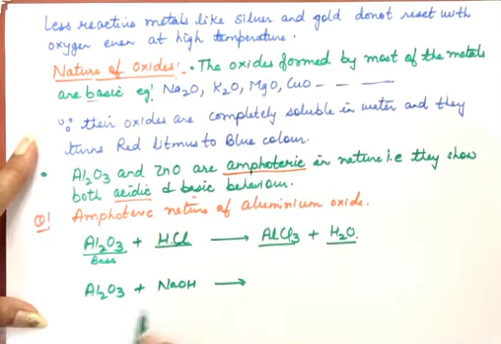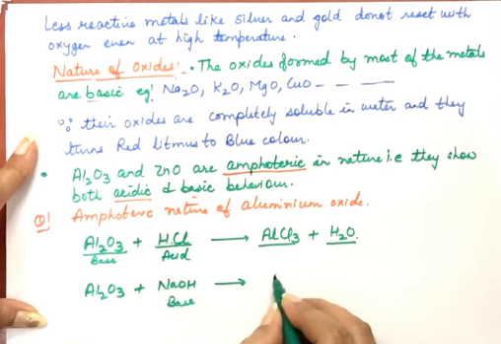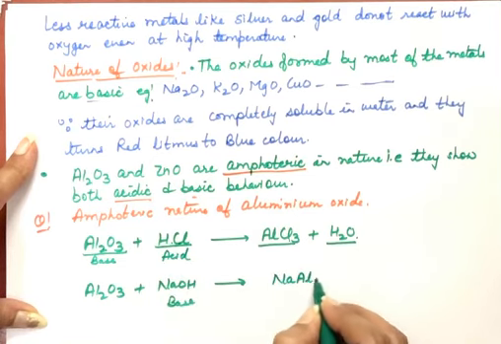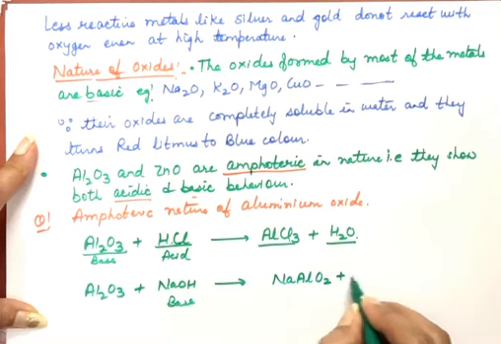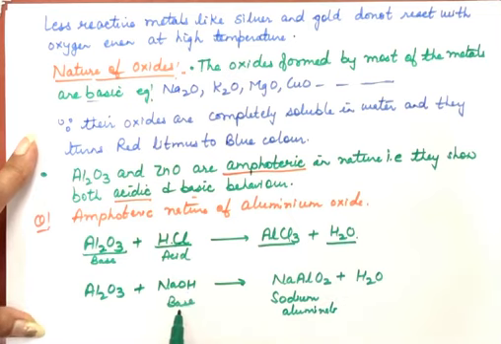Now in this reaction, when we react this with a base, it is again forming a salt. This salt is sodium aluminate. Sodium aluminate salt plus water. So this is a new salt for you that you haven't studied before. Again, salt and water is formed, and here it is base.